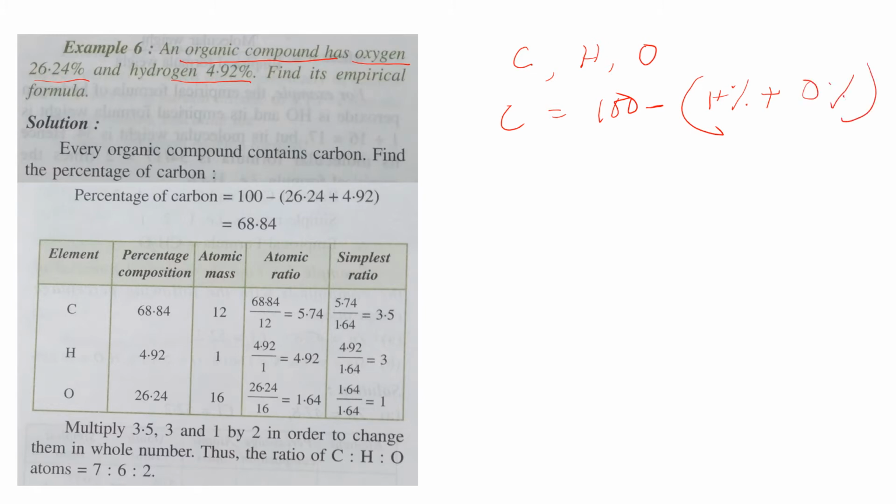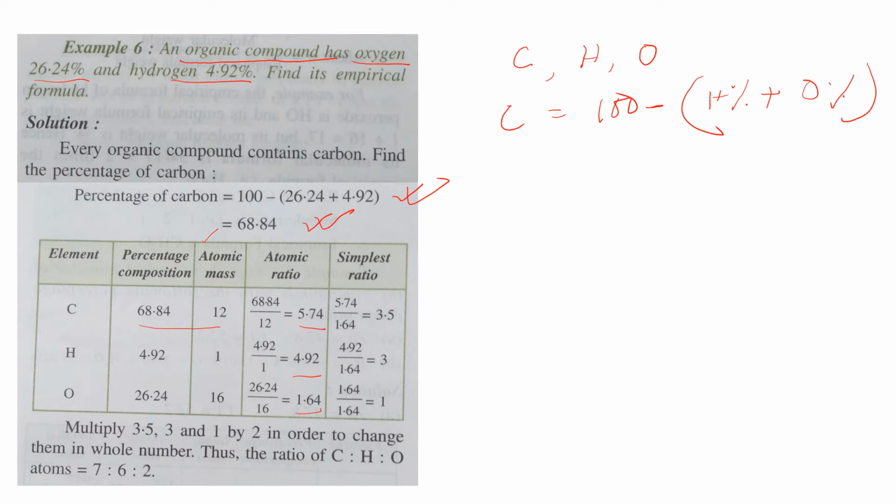Okay, so just see here, 100 minus 26.24 plus 4.92, so I am getting 68.84. And then you have to do it as usual. Make a table, write down the elements and the percentage composition, then the atomic mass and then the atomic ratio by dividing the percentage composition with atomic mass. So I am getting some numbers, that is 5.74, 4.92 and 1.64.